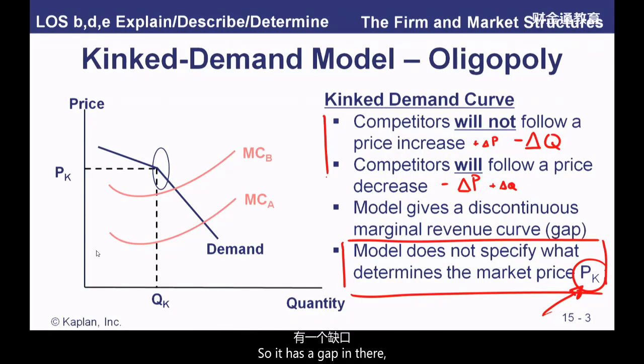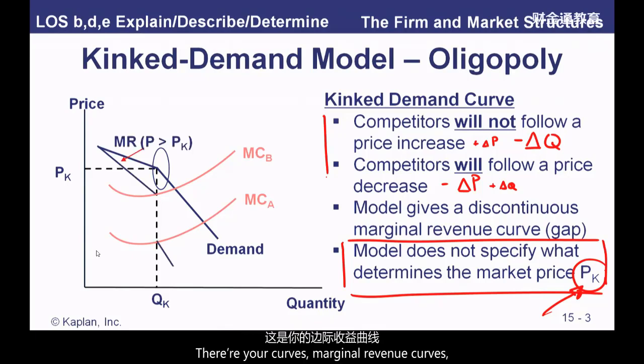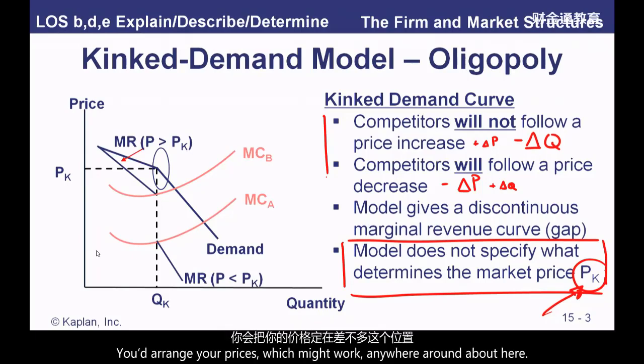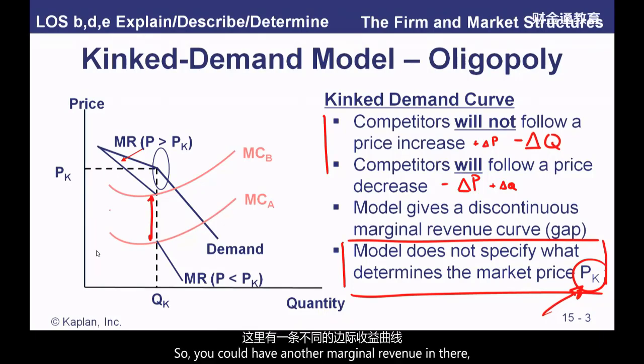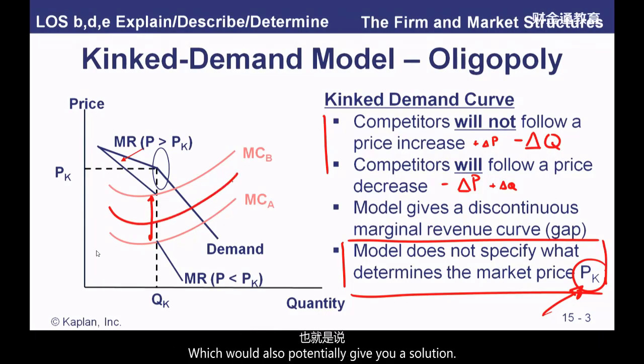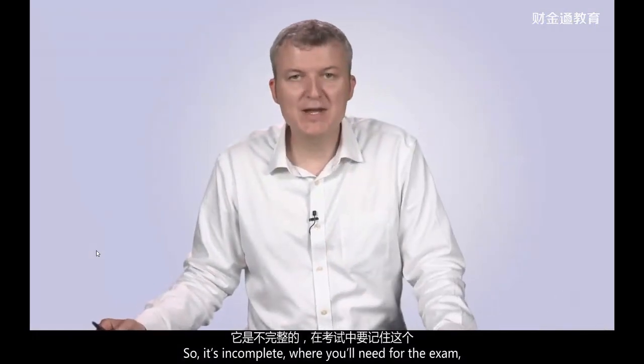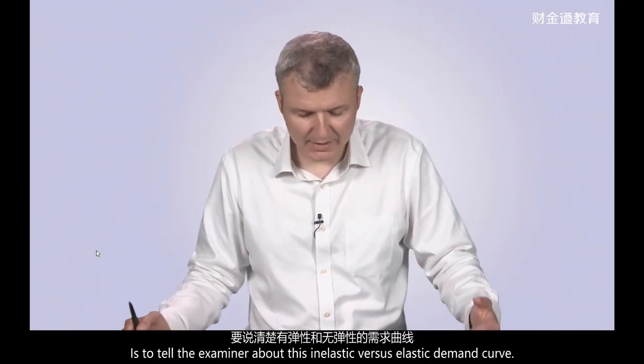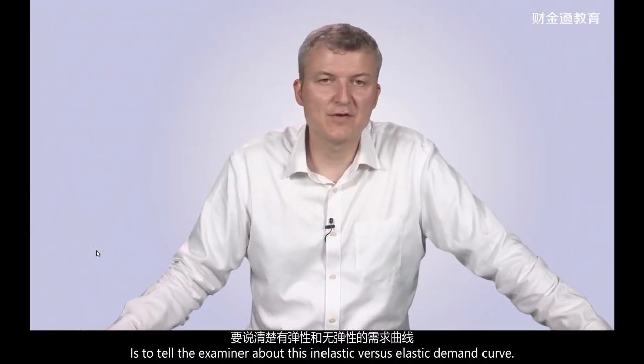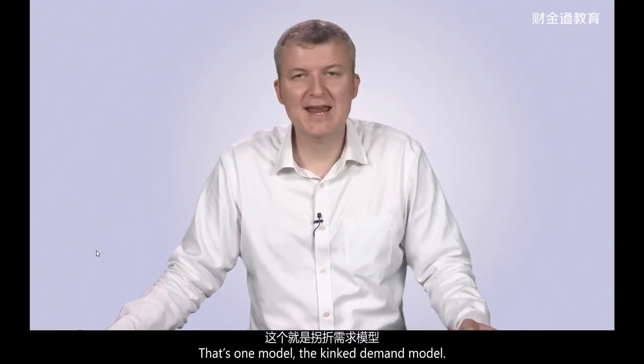So it has a gap in it, which means there's a huge range of prices which might work anywhere around about here. So you could have another marginal cost curve in there which would also potentially give you a solution. So it's incomplete. Really what you need for the exam is to tell the examiner about this inelastic versus elastic demand curve. That's one model, the kinked demand model.